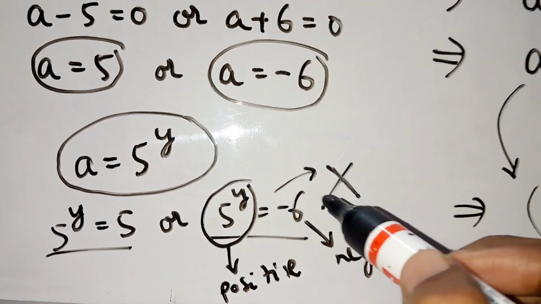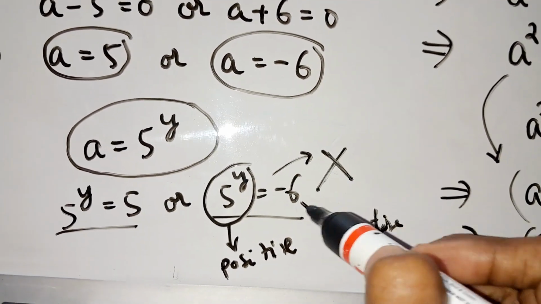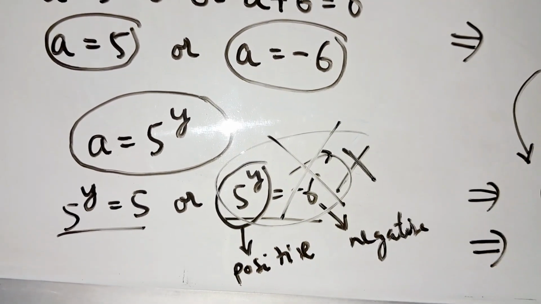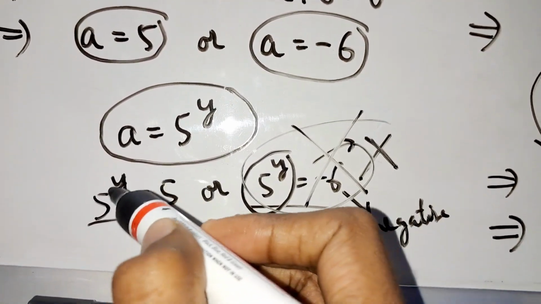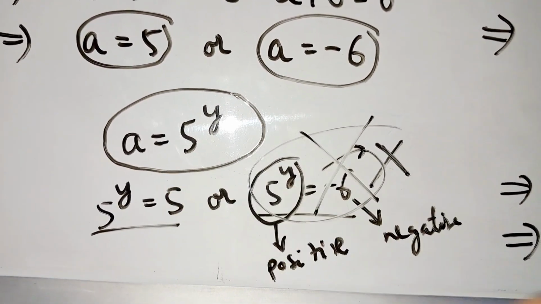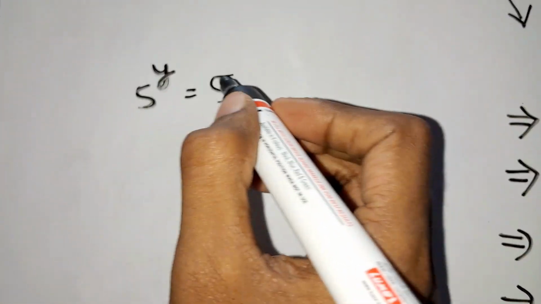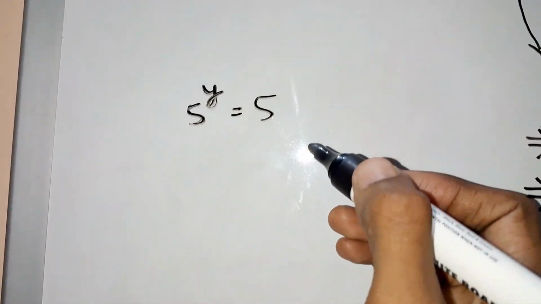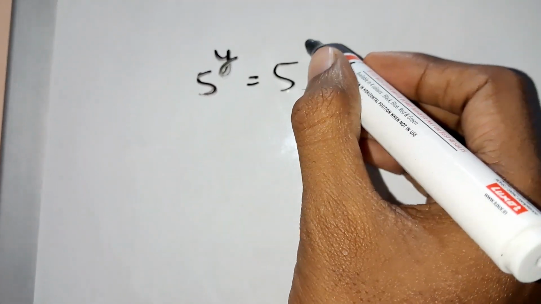This is incorrect because the left hand side, 5 to the power y, is positive and the right hand side is negative. So this case cannot be taken. This is wrong. So we are only left with 5 to the power y equals to 5. From which we can directly write y is 1, because it is 5 to the power 1.